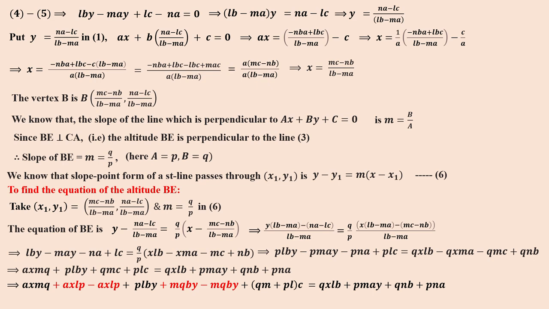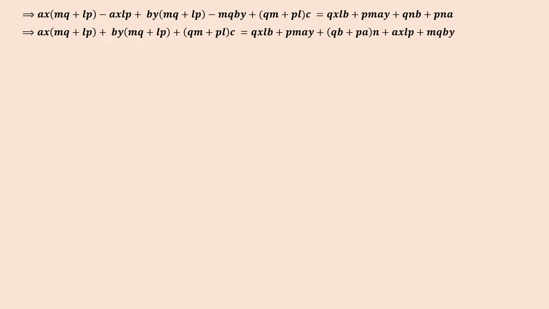C is common in the last two terms, so take it outside: (QM plus PL) into C, which is equal to QxLB plus PMAy plus QNB plus PNA. So grouping that, Ax take it outside, (MQ plus LP), then grouping the two terms, By is common, take it outside, By into (MQ plus LP), which is equal to the other term as the previous.